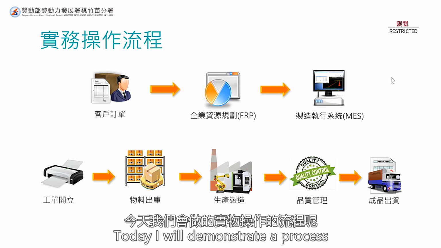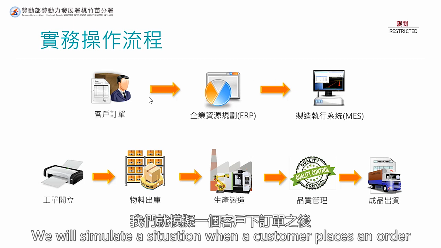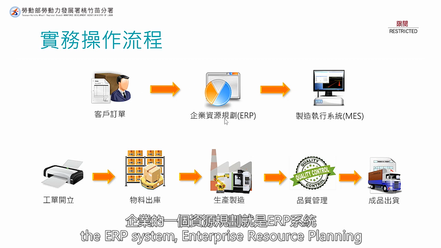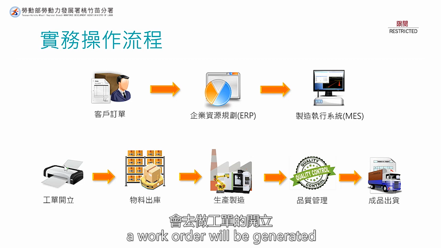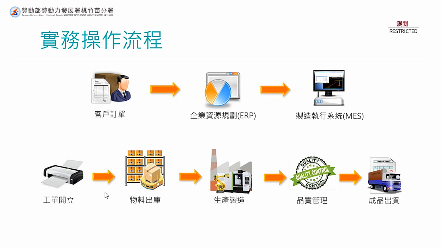Today, I will demonstrate a process. We will simulate a situation when a customer places an order. It goes through the ERP system, Enterprise Resource Planning, to the MES. A work order will be generated.